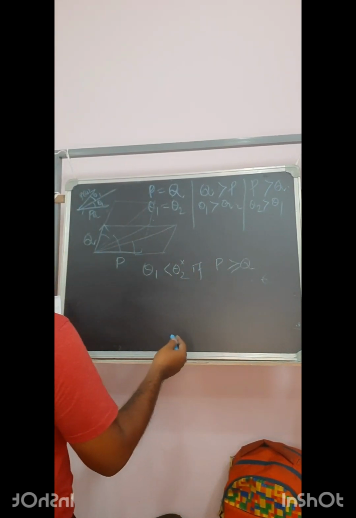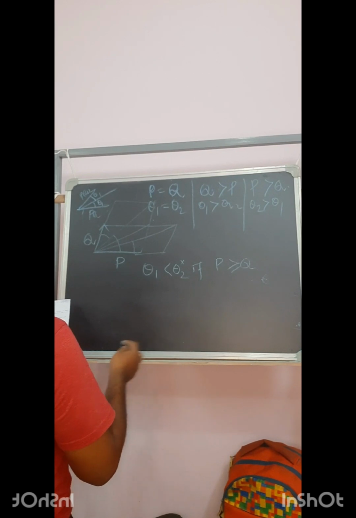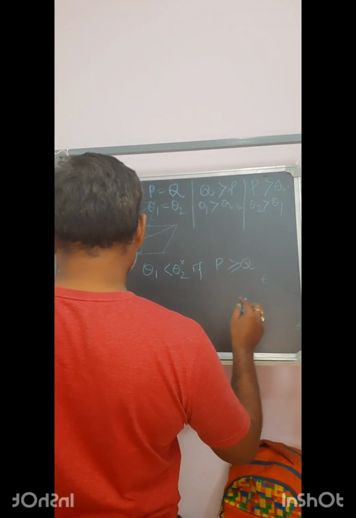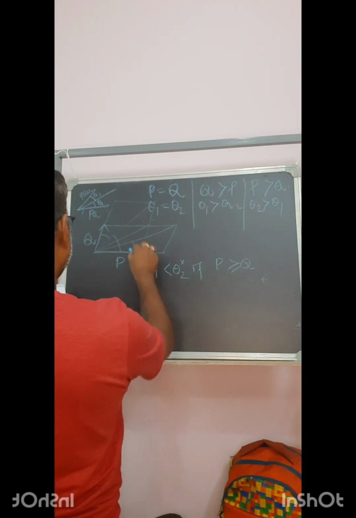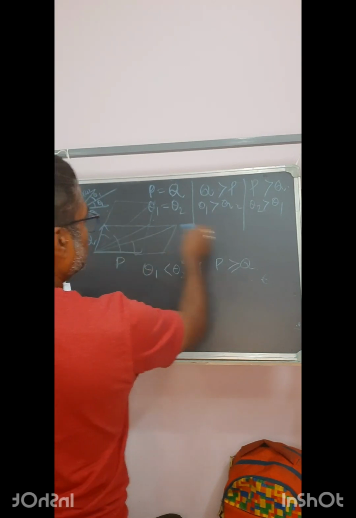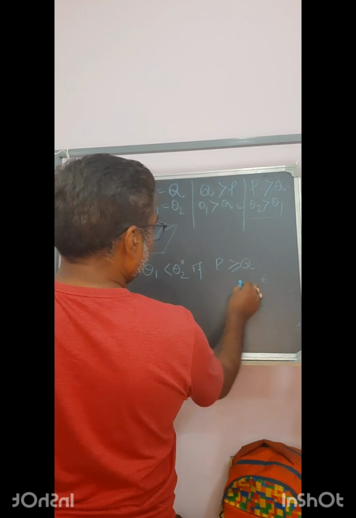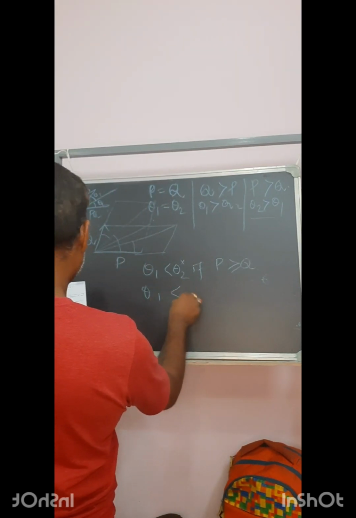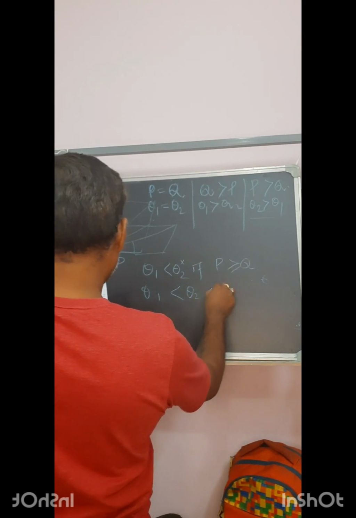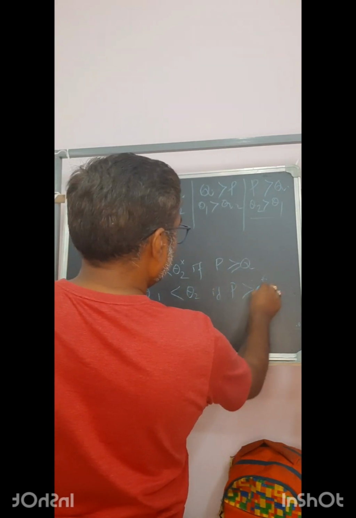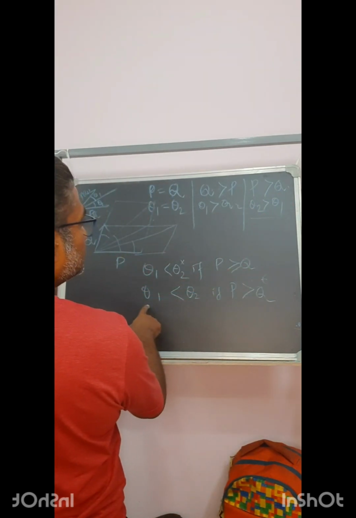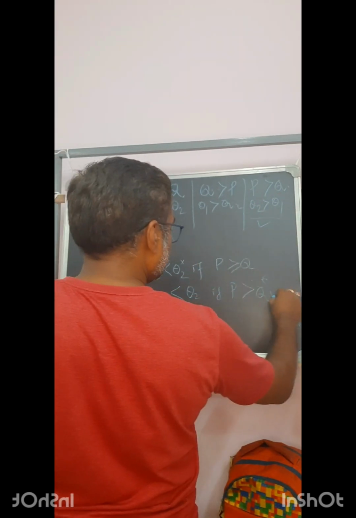But in this case, P is the resultant and Q1 is the angle with P and theta 2. This is half true, that cannot be. The second condition, theta 1 less than theta 2 if P is greater than Q. If P is greater than Q, theta 2 greater than theta 1 is okay. So this condition is okay.